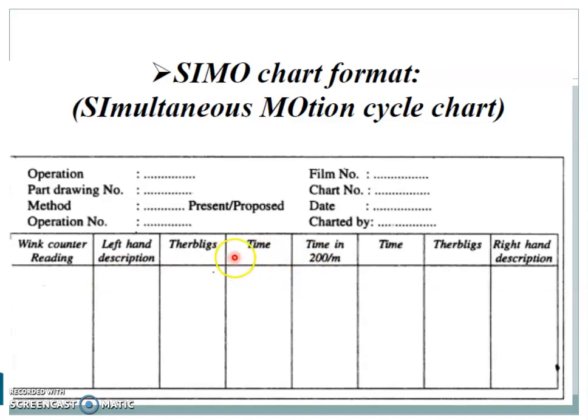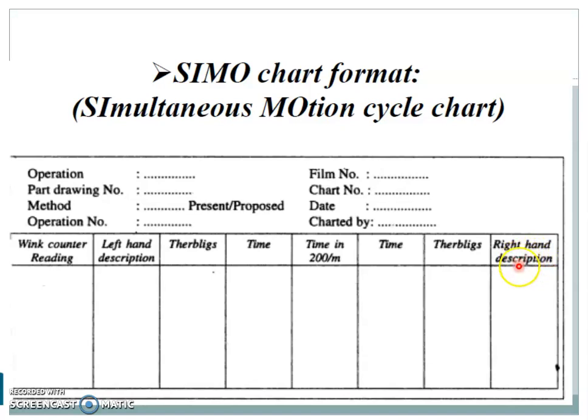So while preparing the SIMO chart, we have to make the arrangement of the observation table in this way. On the extreme left-hand side, usually wink counter readings are taken. Then next is the left hand description, and in the last column there is the right hand description. Beside the left hand description, there is the therblig for that activity.